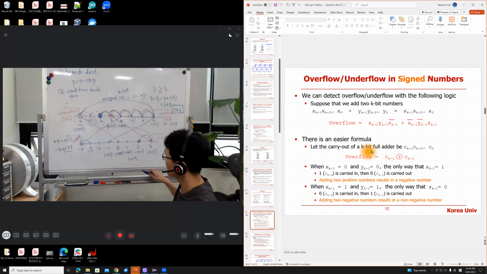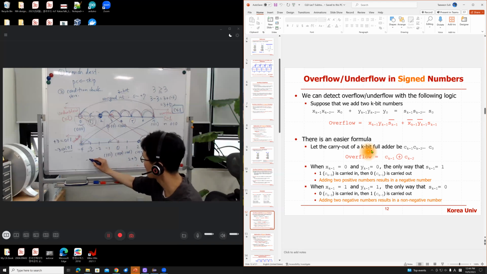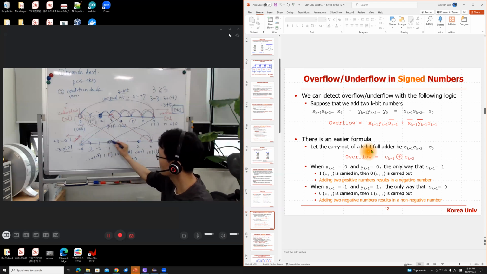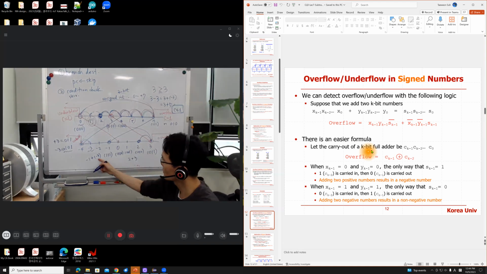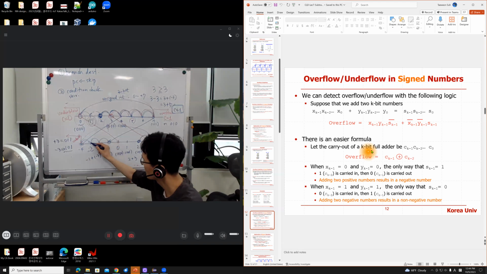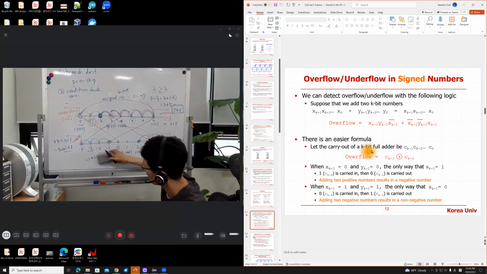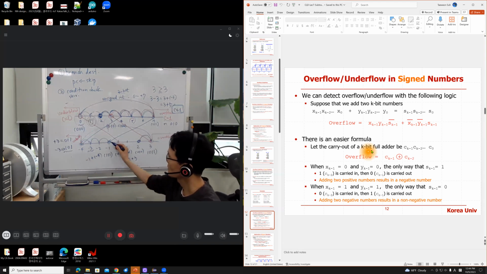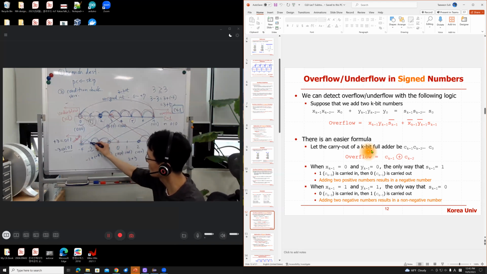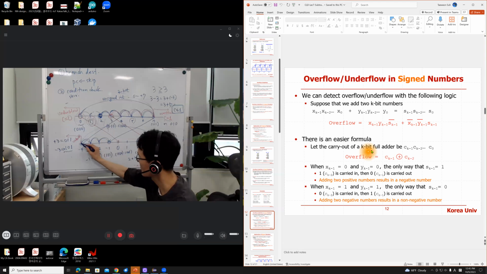For example, -1 plus -3. Starting from -1, you are moving 3 steps backward, right? So 1 minus 4, 4 steps backward. 1, 2, 3, nowhere to go.